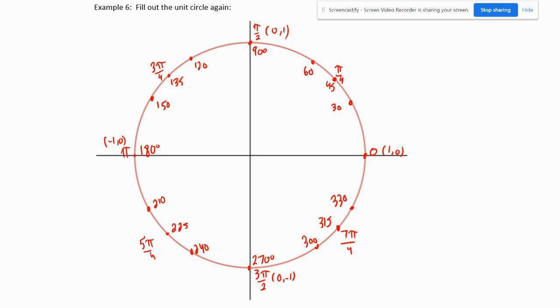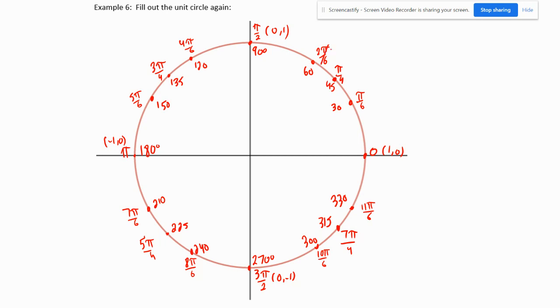So therefore, if I divide pi by 6, I get an angle of pi over 6. Now it's 1 pi over 6, 2 pi over 6, 3 pi over 6, 4 pi over 6, 5 pi over 6, 6 pi over 6 simplifies to pi, 7 pi over 6, 8 pi over 6, 9 pi over 6, 10 pi over 6, and then 11 pi over 6. I can reduce some of these guys as well.